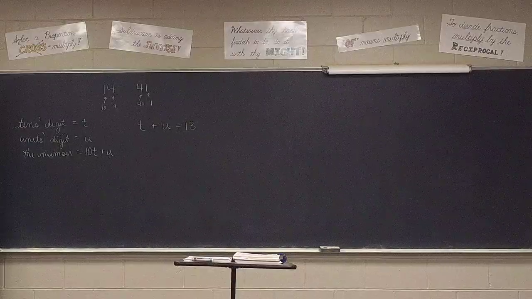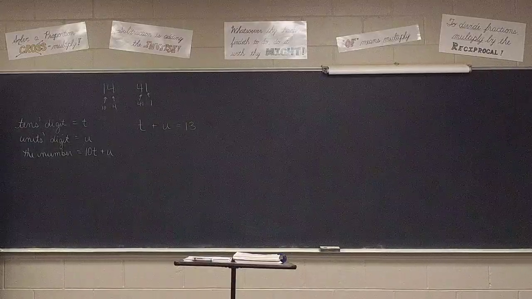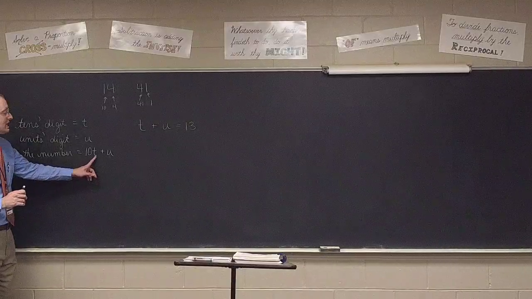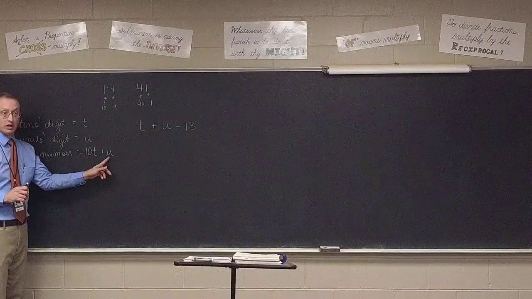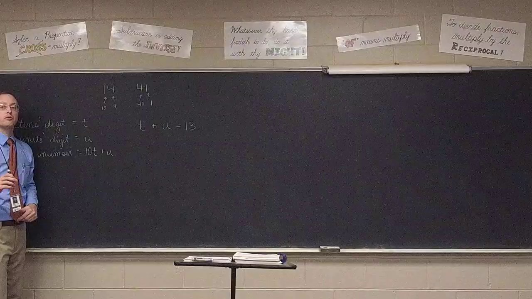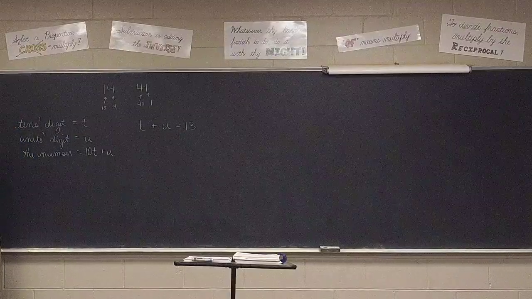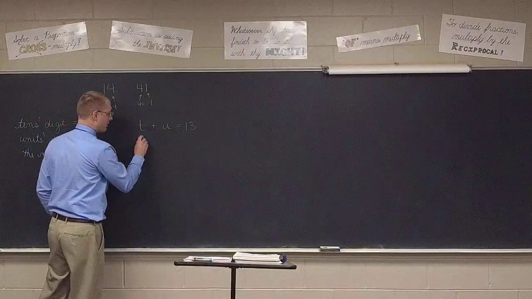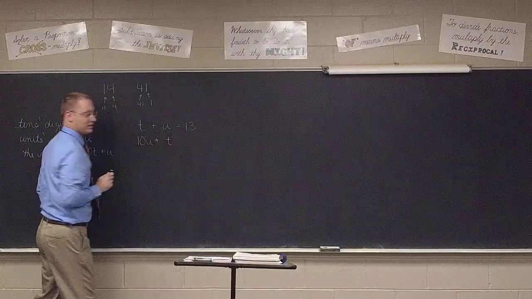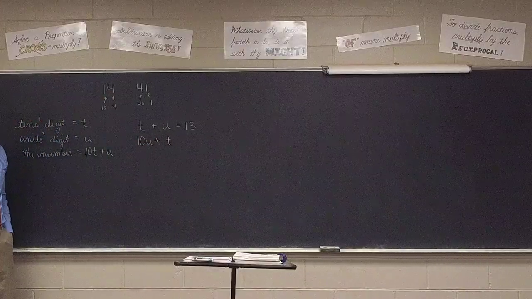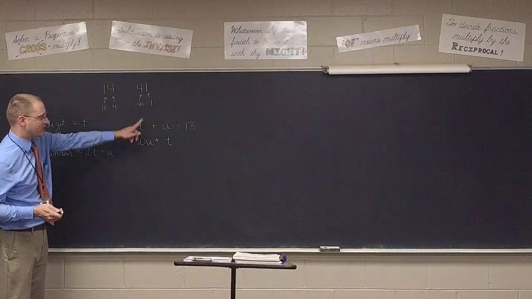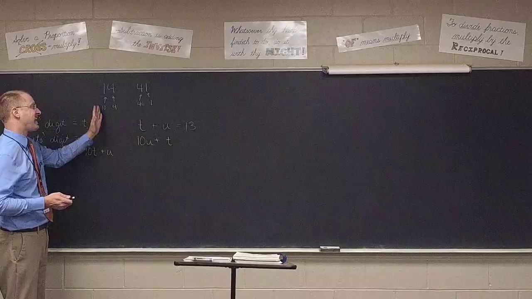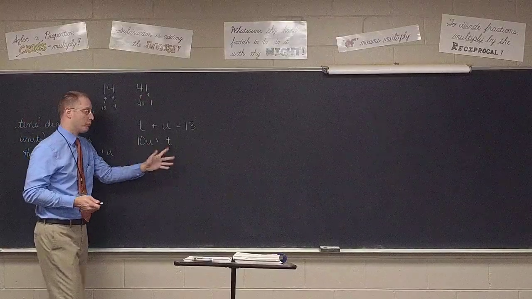How do we represent a two-digit number again, Maddie? So t had a value of 10 times itself, and u just had a value of itself. So if we reverse the digits, 10u plus t. Does that make sense? That's how we would write a reversed two-digit number. Again, that which was only worth 4 now has to be worth 40. That which was worth 10 now only has the value of 1, for instance.